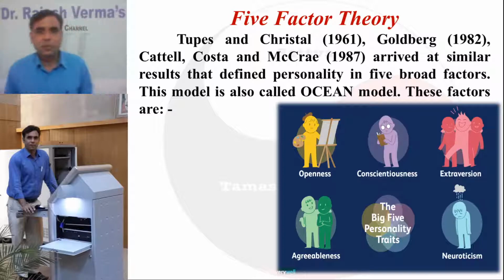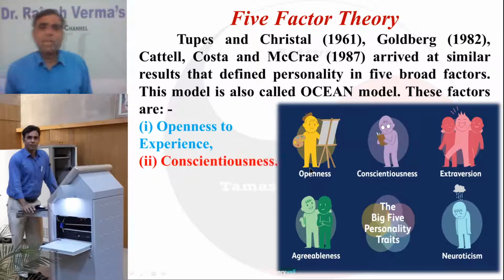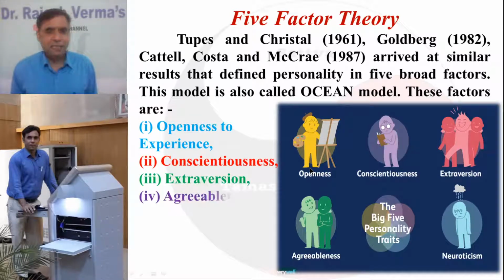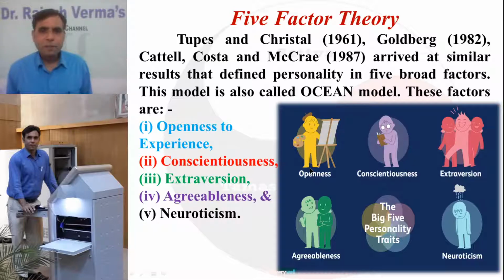This model is also called the OCEAN model or CANOE model. These words are abbreviations taken from the first alphabet of each word. The factors in front of you in this diagram are openness to experience, conscientiousness, extraversion, agreeableness, and neuroticism.